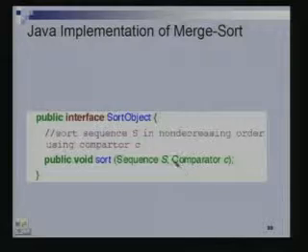So, I can now show you a kind of a Java implementation of merge sort, so that these things are clear. It is a very simple algorithm, so that is why I am showing it to you. Here we are also taking a comparator object. What is a comparator object?